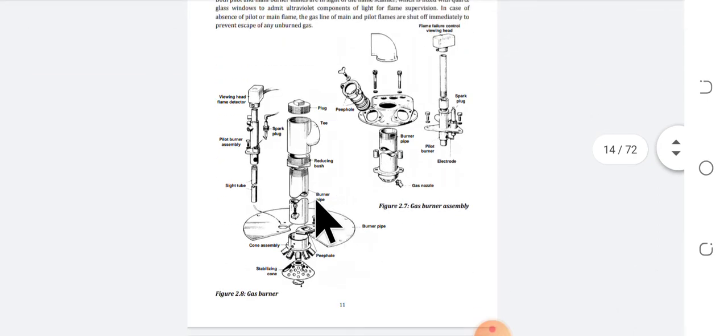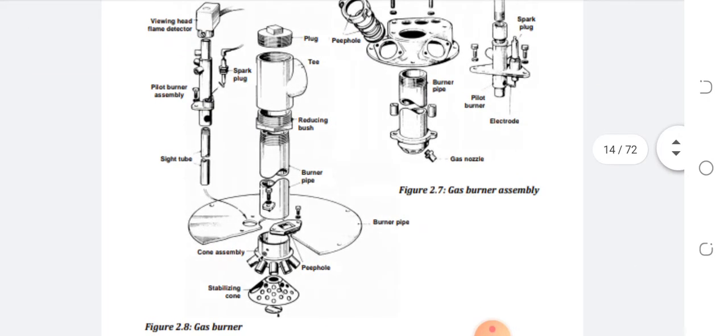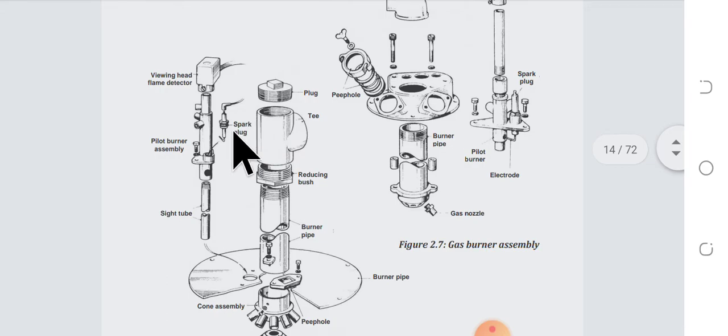So in this assembly we have three different things. We have a spark plug. Initially the spark plug ignites the flame tube, just like our geyser. We have to run the pilot before the actual burner.